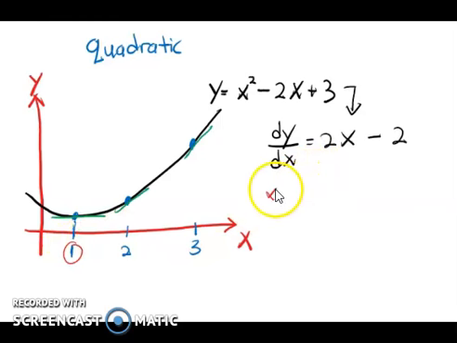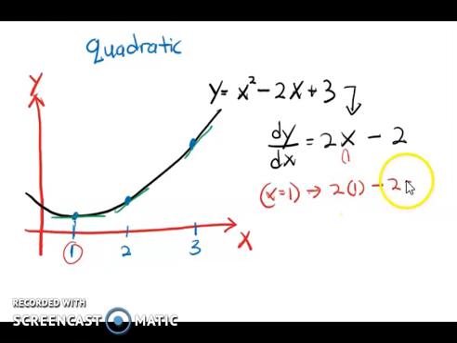When x is 1, we have to substitute 1 here. So it's 2 times 1 minus 2, and here we'll be getting 0. So here the gradient is 0. So I just put m equals 0.